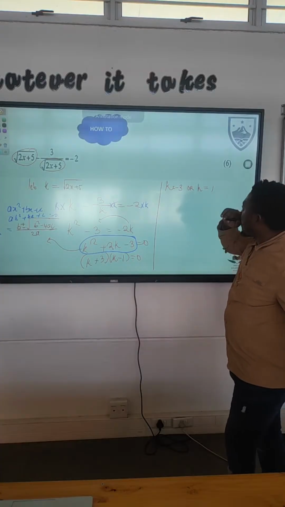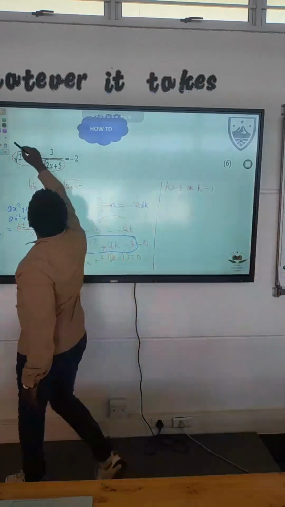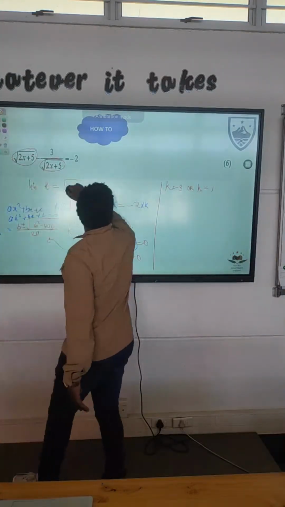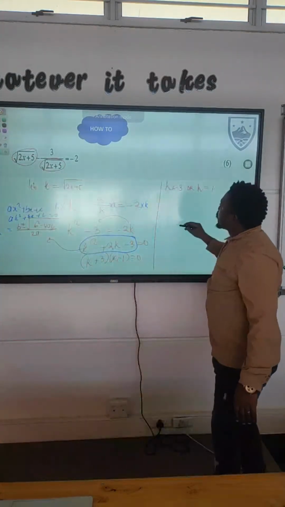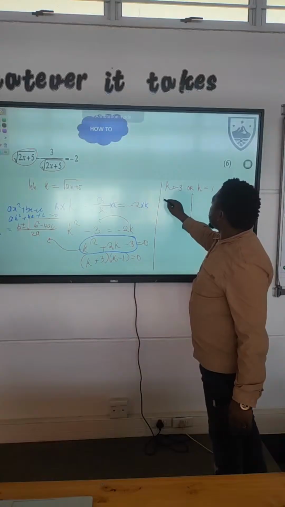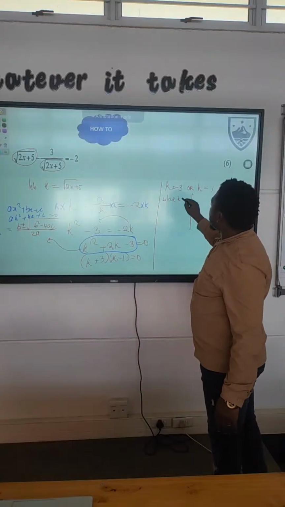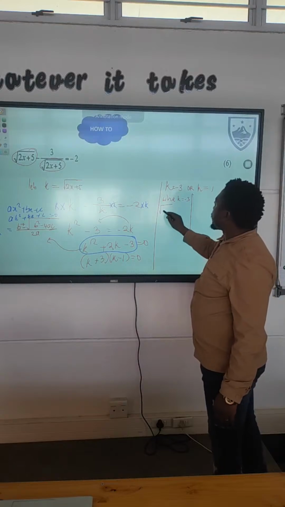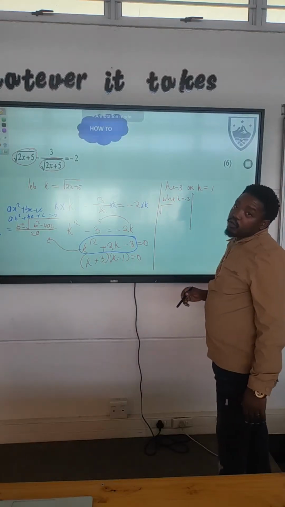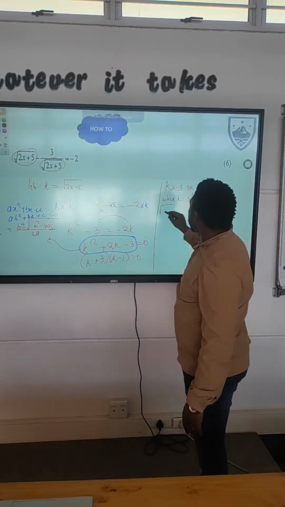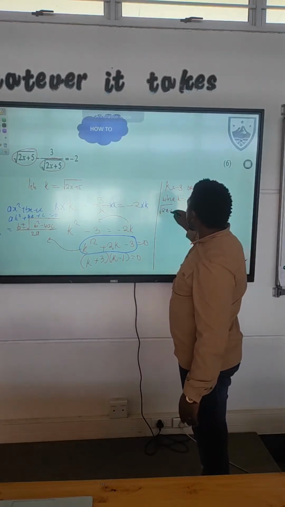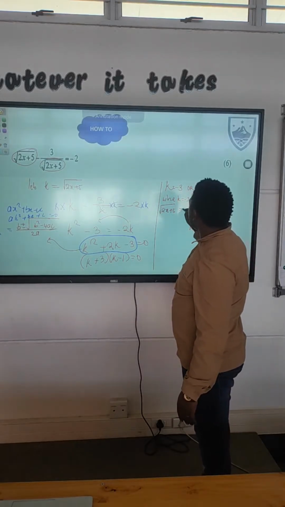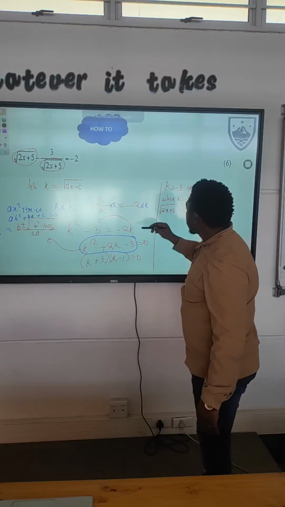Let's go back to our problem, and then we're going to say when k equals negative 3, it means we have a square root of, remember we said k is equal to the square root of 2x plus 5, so we have 2x plus 5 being equal to negative 3.